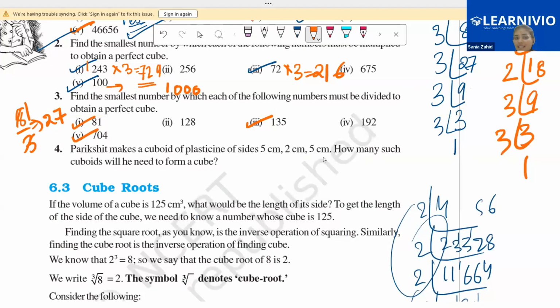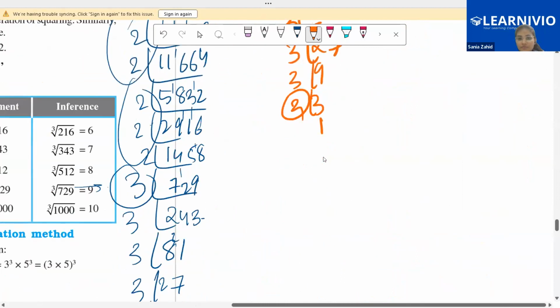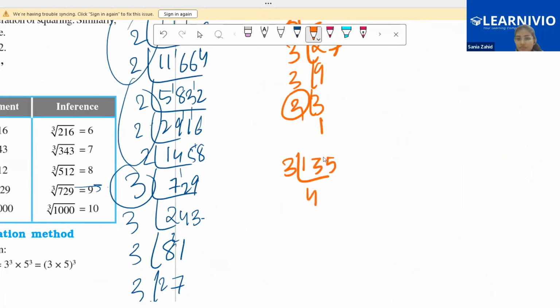27. So I get 27 as my answer. But actually the answer is 3 only, but I'm telling you 27 you'll get as the number which is a perfect cube. So 135 next, Hermine, tell us. Yes, ma'am. 135 we can divide by 3. We get 45.